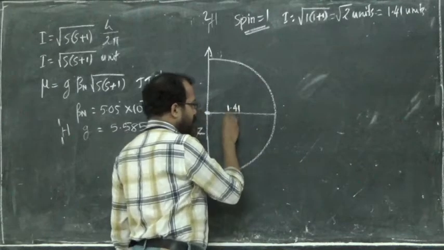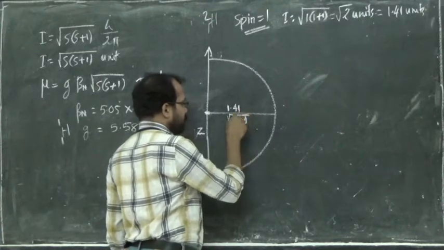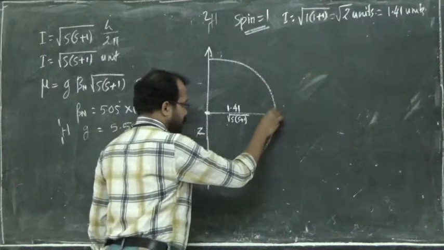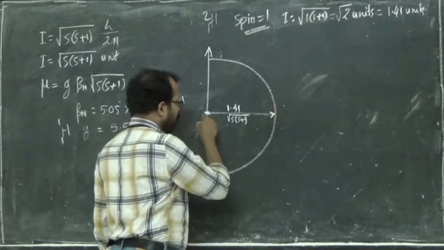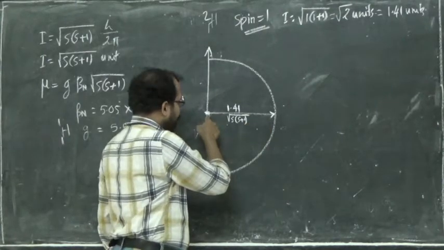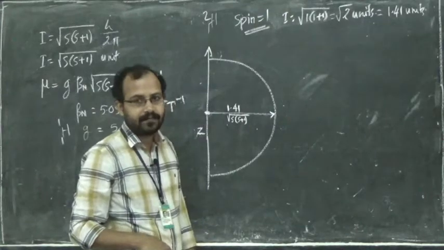That is actually the root of s into s plus 1, right? That is what 1.41 is in this case. Since it is a vector, I am drawing it like this with an arrow in the head, and so this represents an angular momentum vector.